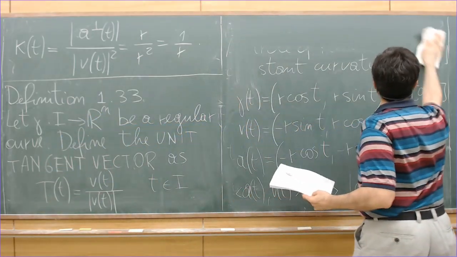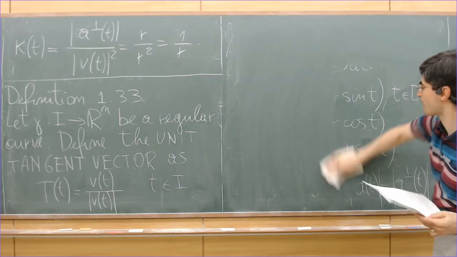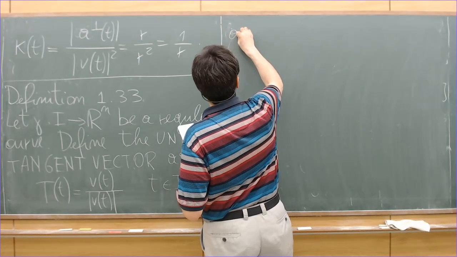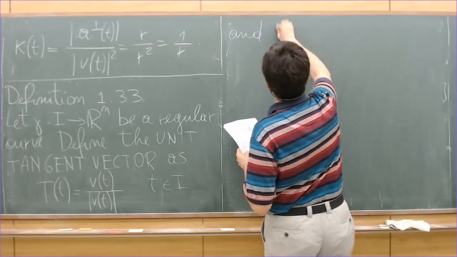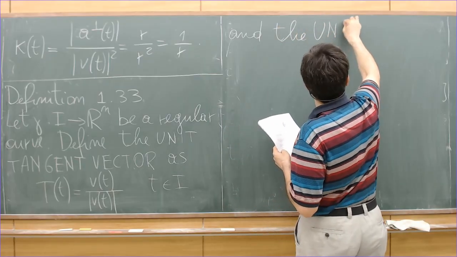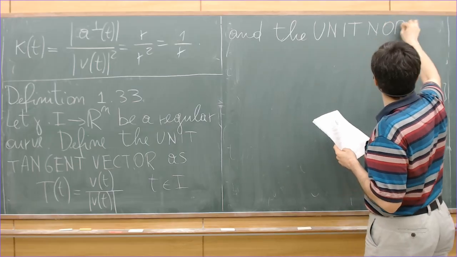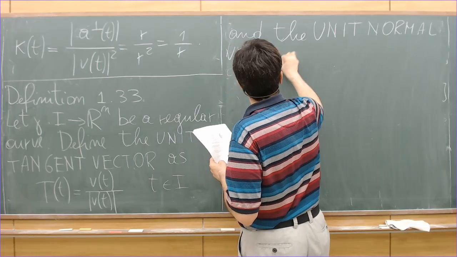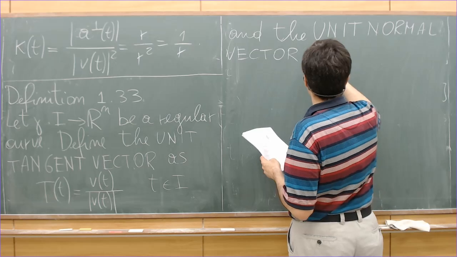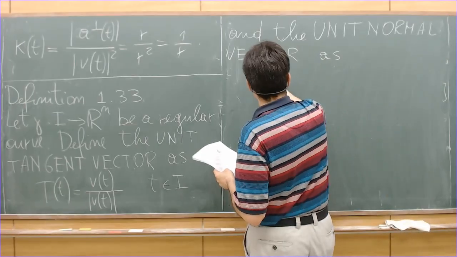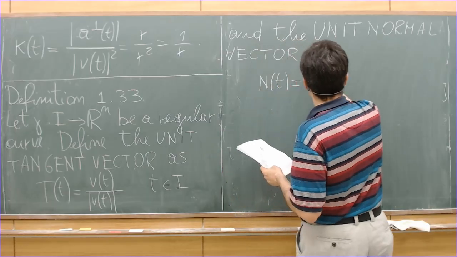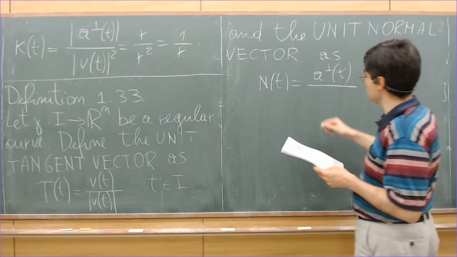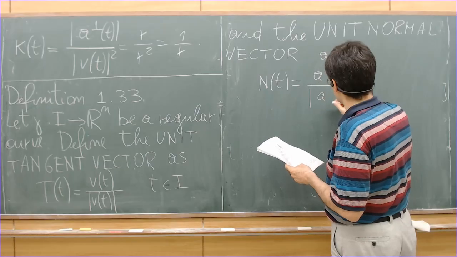The unit normal vector as n of t equal to a orthogonal of t, the orthogonal component of the acceleration, divided by its length.